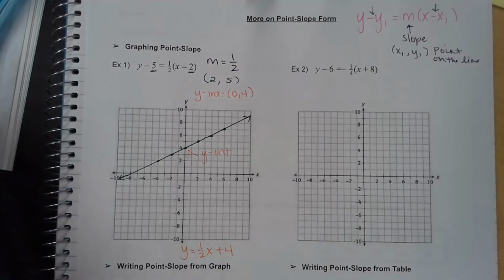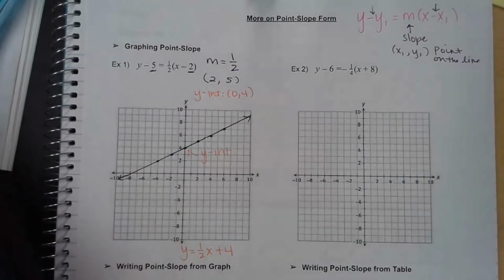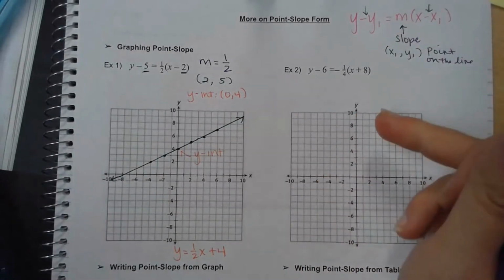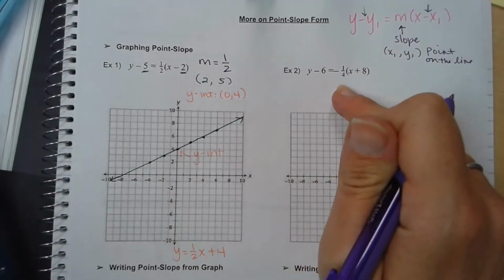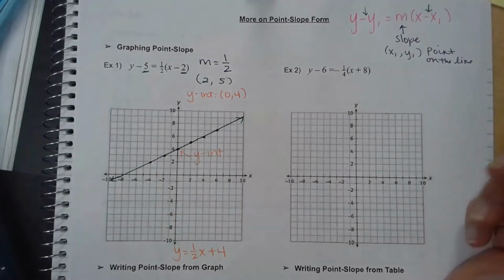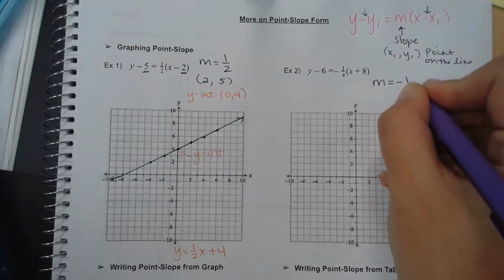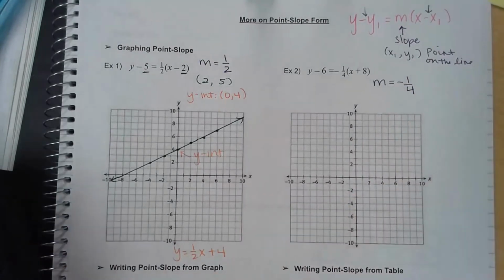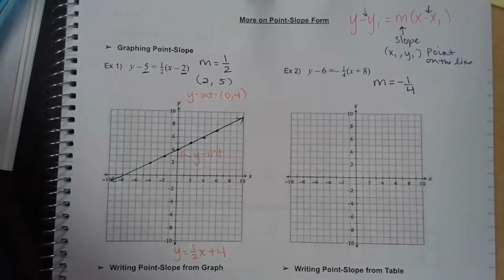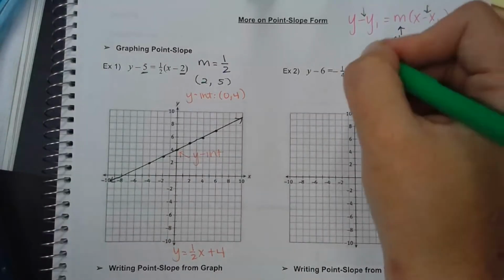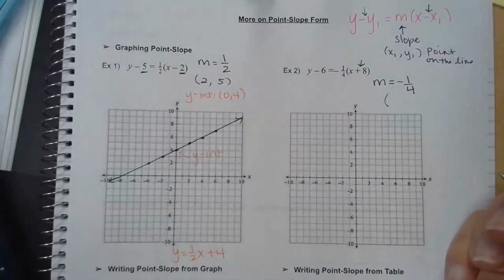Okay. So let's look at this next one. Same idea here. So we have the equation y minus 6 equals -1/4 times x plus 8. So my slope is -1/4. And then my point is, see how it's a plus 8?